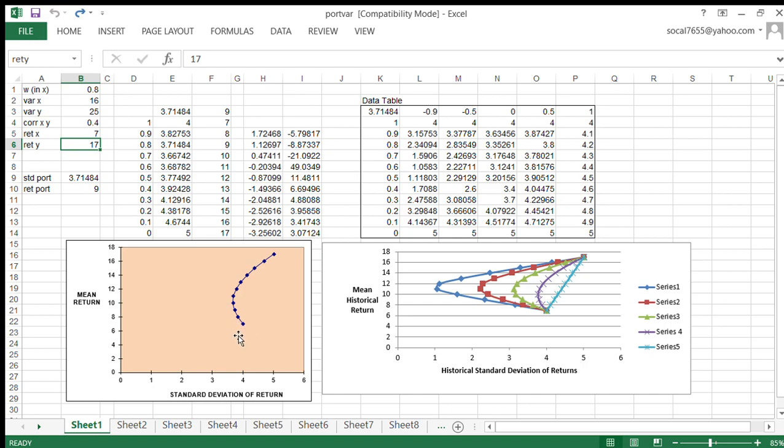Okay? In other words, as we change the weight in this security to become something other than 1, which means we're causing the weight in this security to become something greater than 0, the curve bends backwards. Okay, more on that in another video.